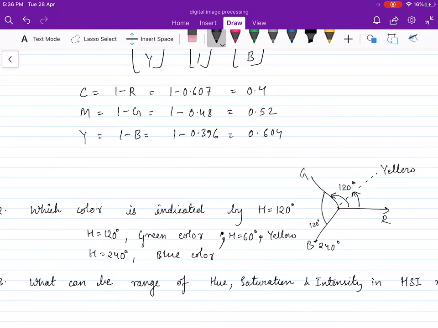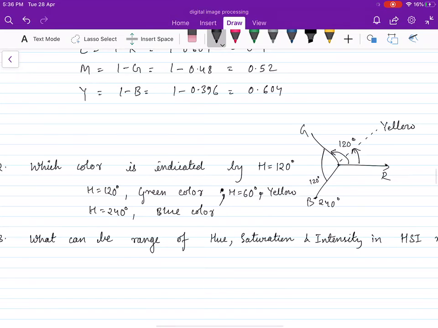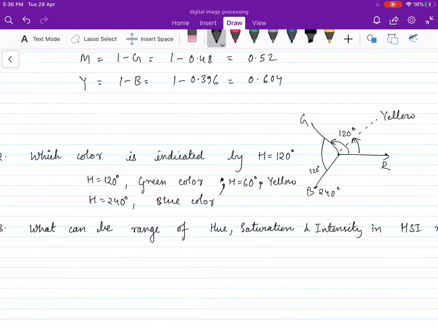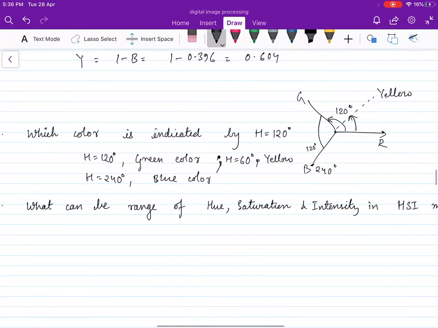Like this you can calculate colors for different H's, and in the previous class we have already discussed how to calculate RGB values from HSI, or HSI to RGB.